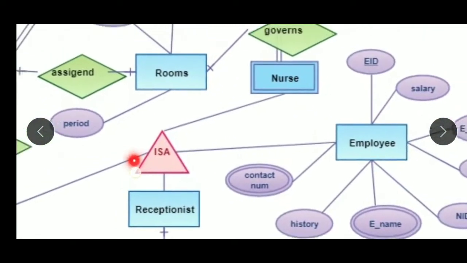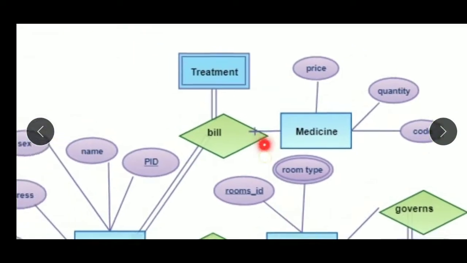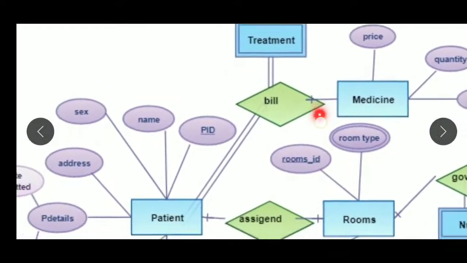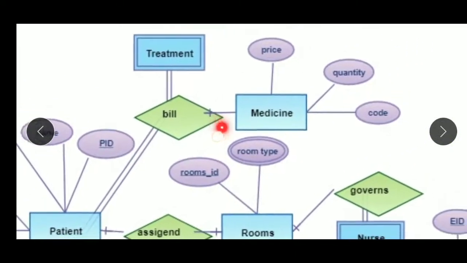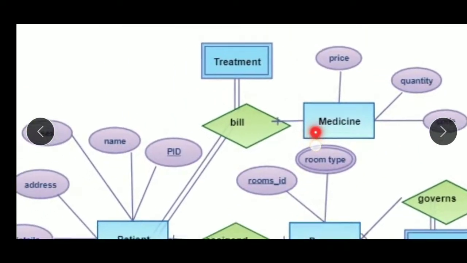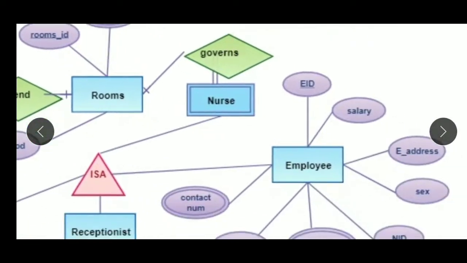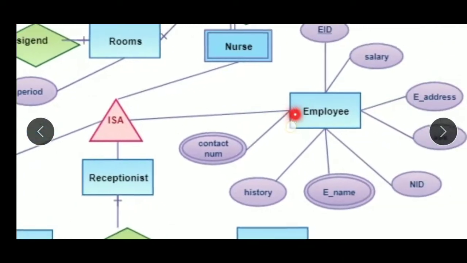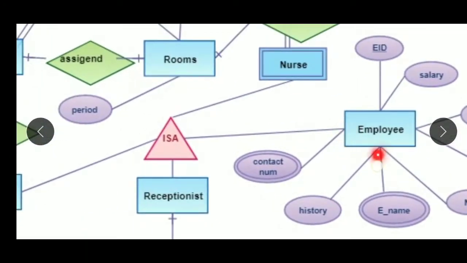And also here, as you can see, there are more relationships between the patient and the medicine. Yeah, patient and the medicine, then the treatment, rooms, nurse, employee. So doctor, here you can see the doctor is an employee, and nurse is also an employee of the hospital.